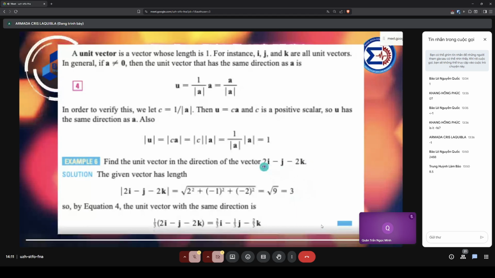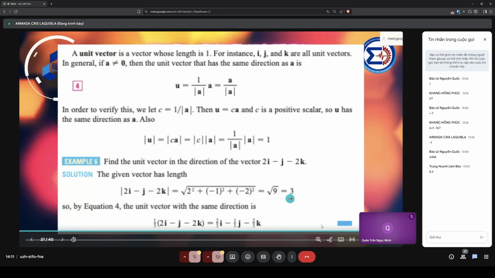Then divide it here in your vectors. Since the constant in your vectors here is 3, we can make it 1/3 outside here. 1/3 times this, and that's it. We have 2 over 3 i minus 1/3 j minus 2 over 3 k. By the way, why did I discuss this again?